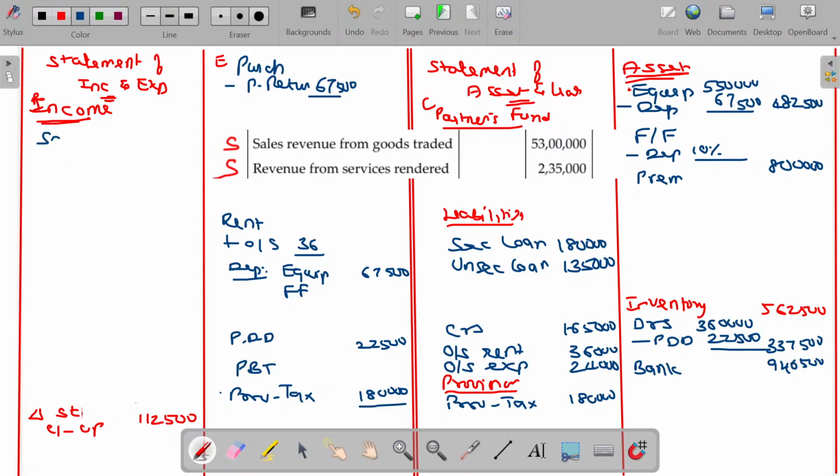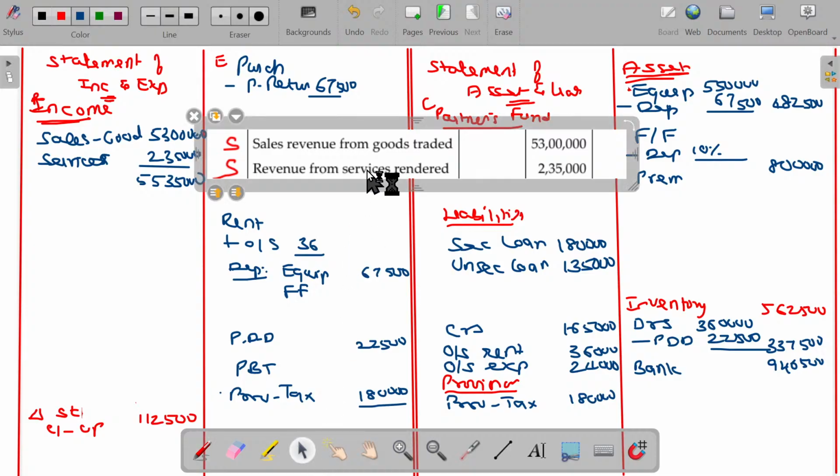Sales from goods, 53 lakhs, and services, 2,35,000. Overall amount you recovered being 55,35,000. Clear?